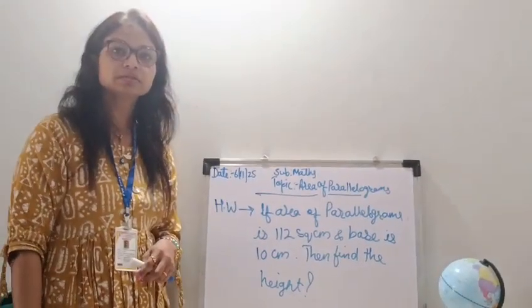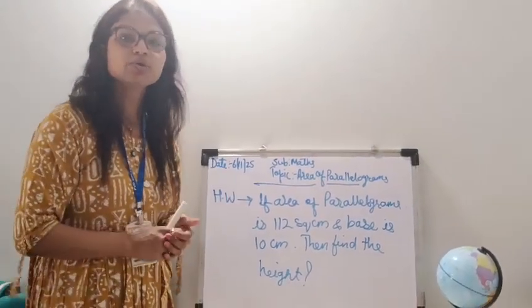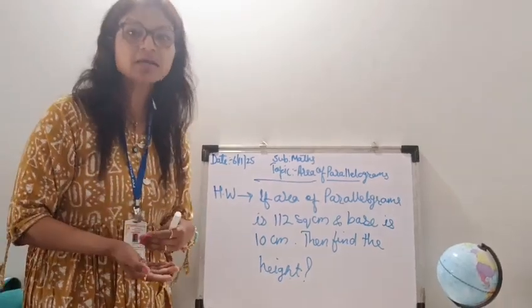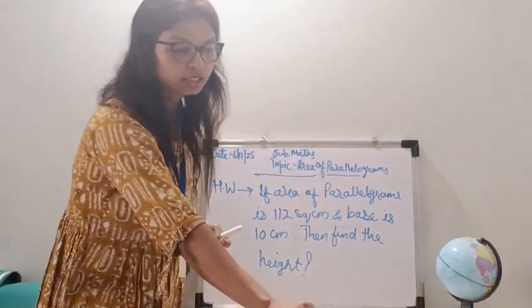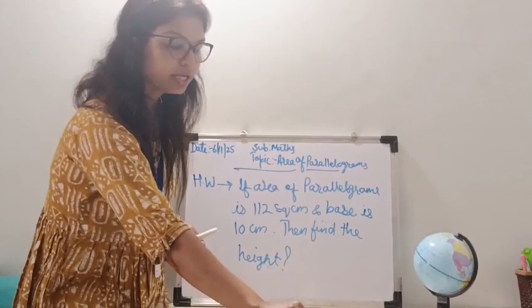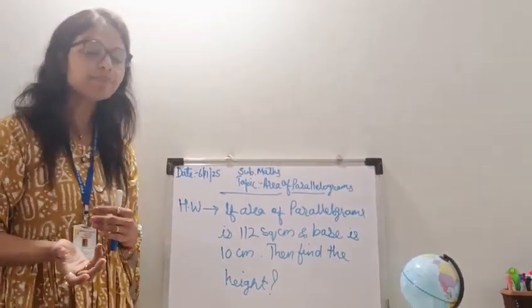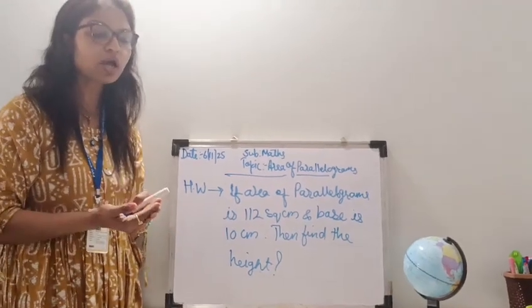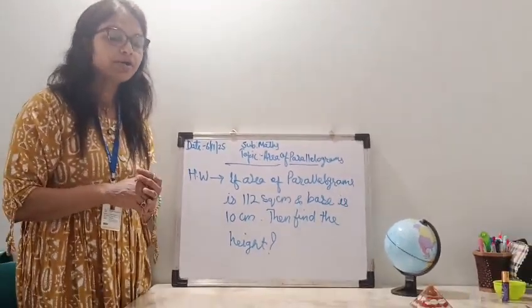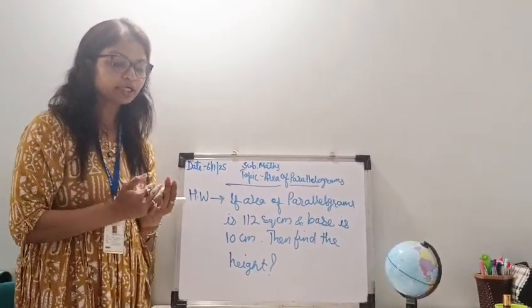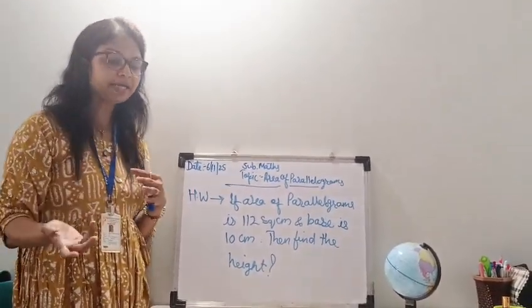Okay, so we will revise whatever things we have learned up till now. Okay, our topic was parallelogram. In parallelogram, what we have learned? We have learned how to calculate height and base.